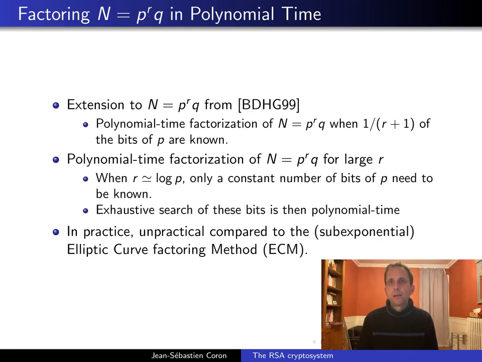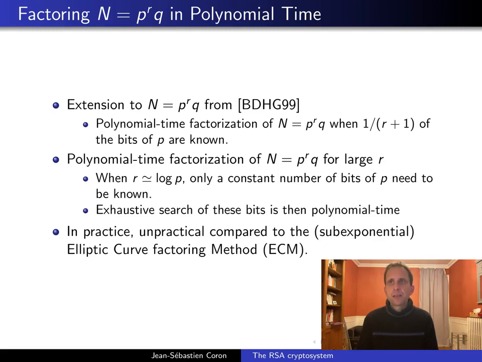But we have an interesting consequence, which is that when r is very big, then this fraction becomes smaller and smaller. And at some point, if we take r equals log p, so the bit size of p, this means that only a constant number of bits of p need to be known.